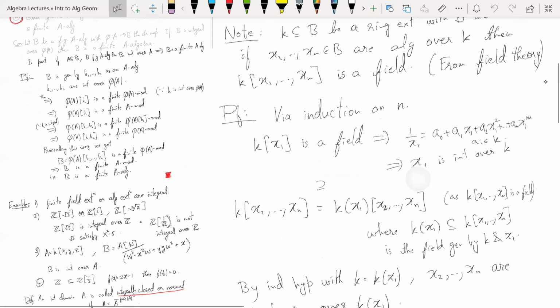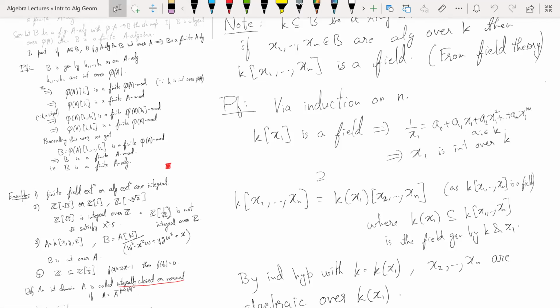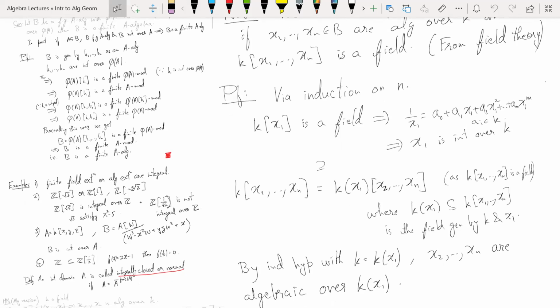Now by the induction hypothesis, applied with K equal to K(x1) and x2 to xn, which are fewer elements, x2 to xn are algebraic, or integral, over K(x1). We haven't got that they are integral over K, but at least they are integral over K(x1).